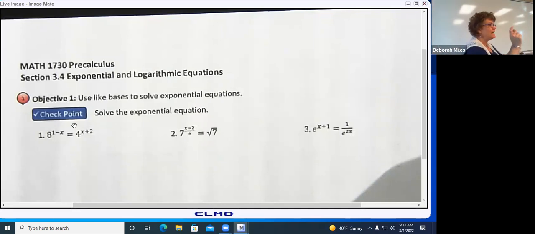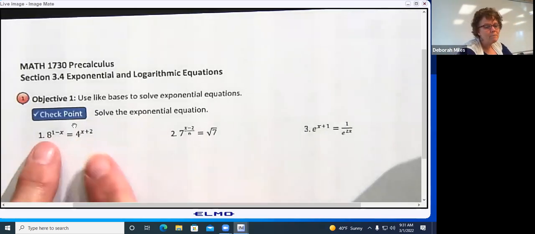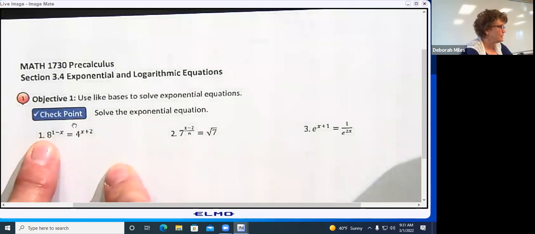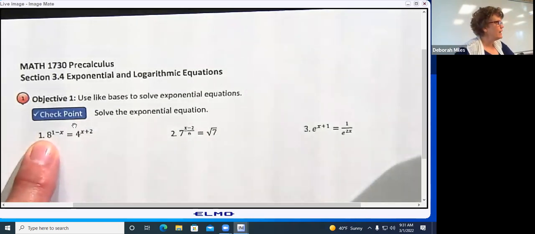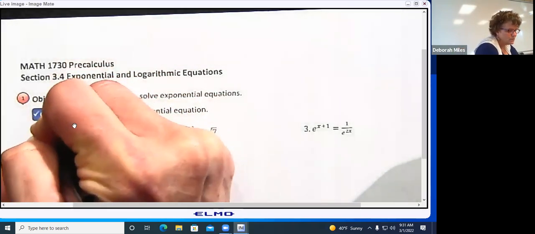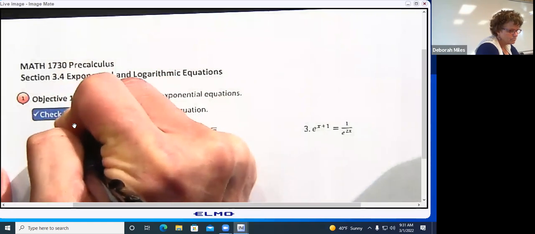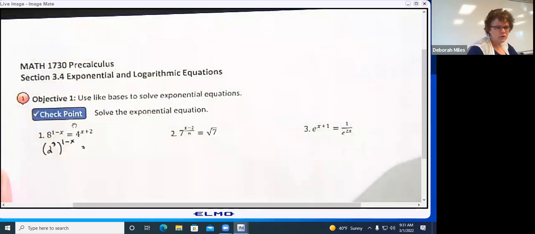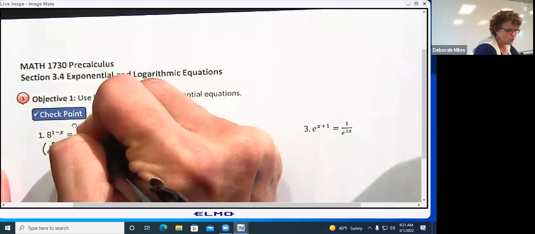If you have 2 expressions equal to each other and they have the same base, the only way that they can be equal is if their exponents are equal. So if we can write both of these as having the same base, then we can just set the exponents equal to each other. The 8, we can put in its place 2 cubed. And the 4, we can put in its place 2 squared.